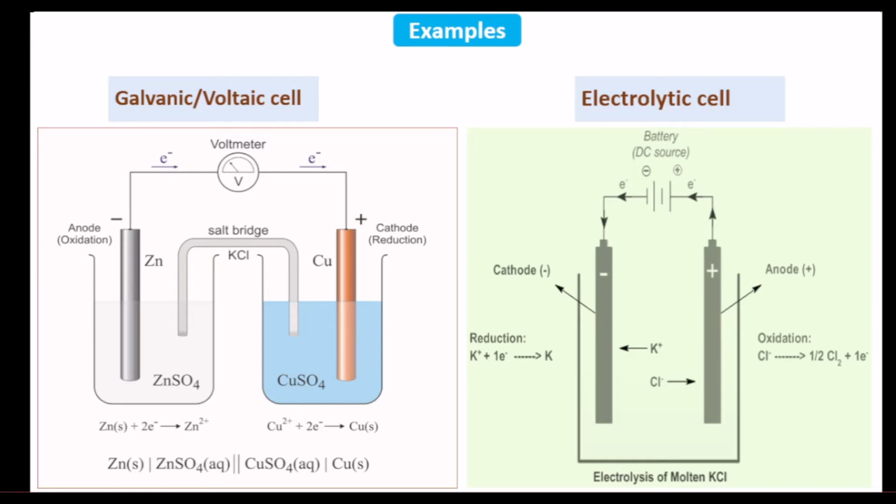On the other hand, the chloride is attracted by the anode, where chloride releases the electron and becomes chlorine gas, and thus the electron travels from this electrode to the other electrode. So this is the example of the electrolytic cell.